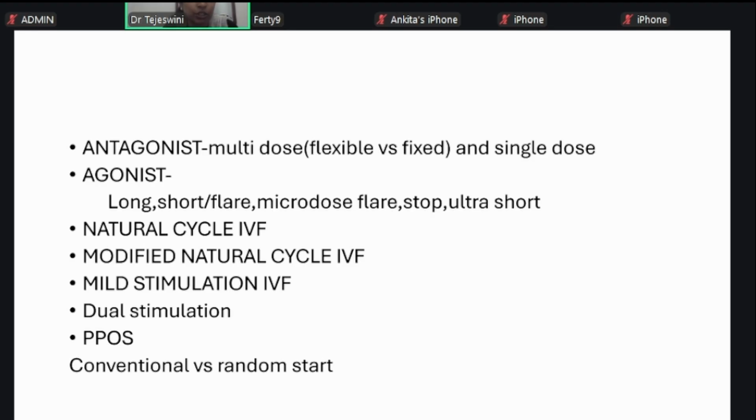One of the dreaded complications of this random start protocol is that in some cases early pregnancy might be missed, and unfortunately in cases where it is an ectopic pregnancy, the situation will be very scary to handle both for the consultant and the couple.